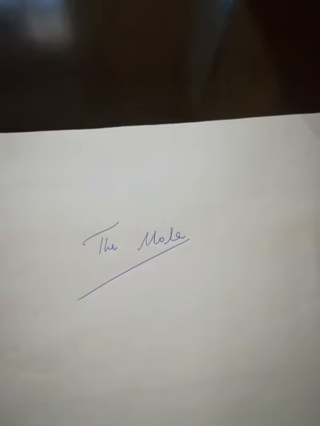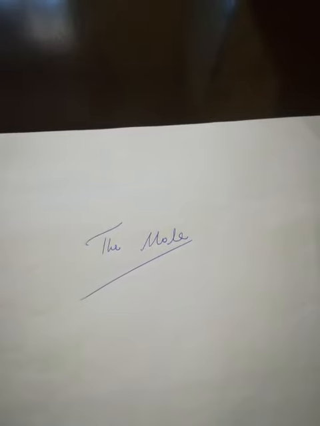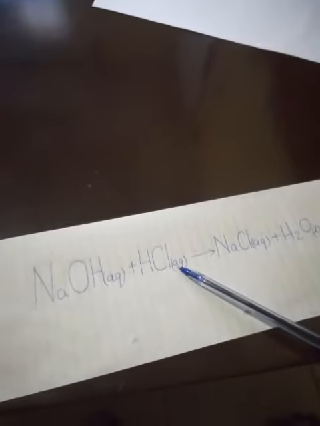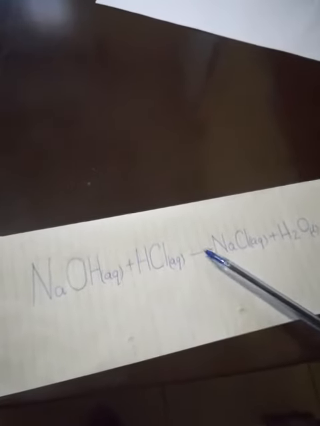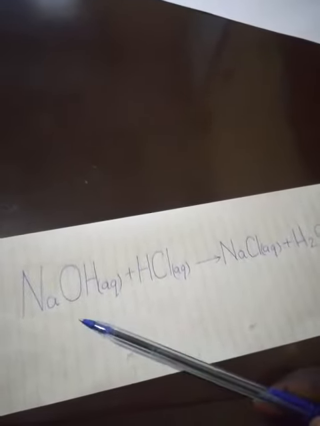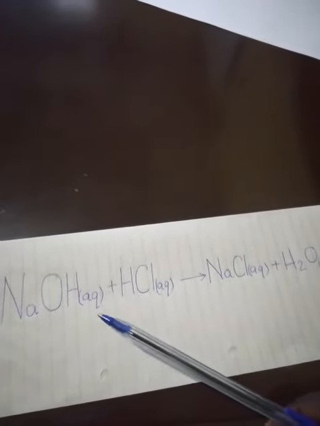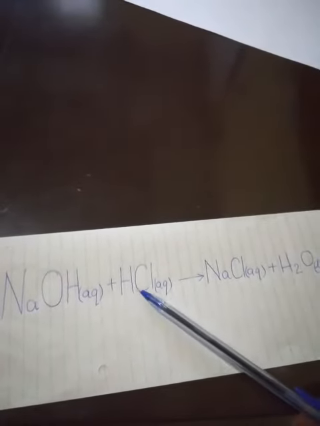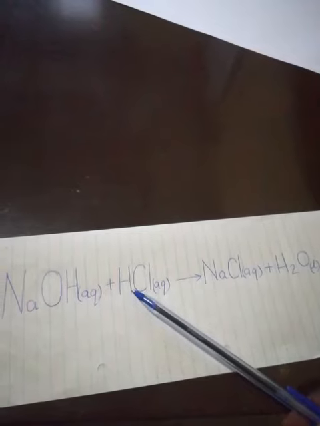That is, we use just the right amount of each substance so that they react completely with each other without any leftover. For example, in the neutralization reaction between dilute sodium hydroxide and dilute hydrochloric acid, we need to know how much sodium hydroxide is available and therefore determine the amount of hydrochloric acid required to completely neutralize it.